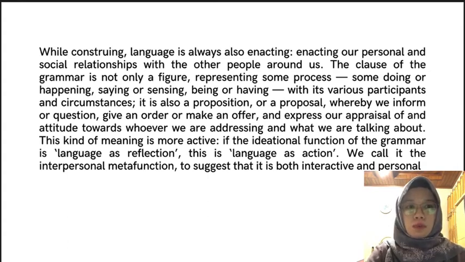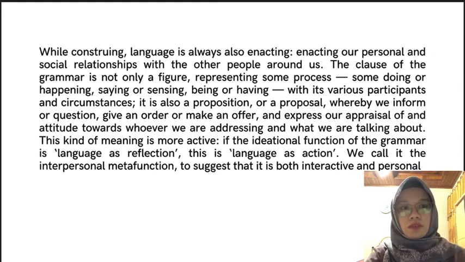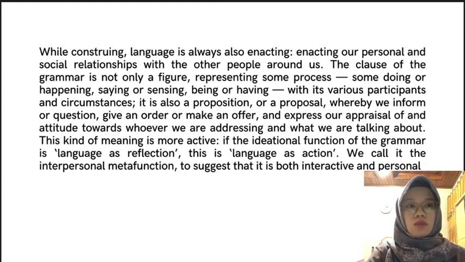It is also a proposition or a proposal whereby we inform or question, give an order or make an offer, and express our appraisal of and attitude towards whoever we are addressing and what we are talking about. If the ideational function of the grammar is language as reflection, this is language as action. We call it the interpersonal metafunction to suggest that it is both interactive and personal.